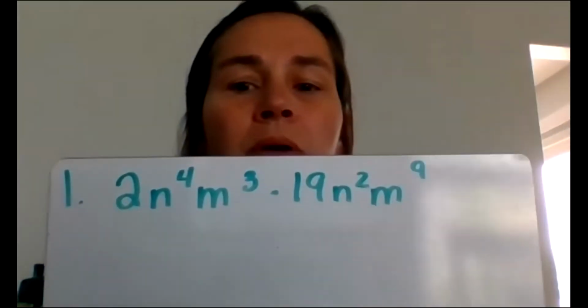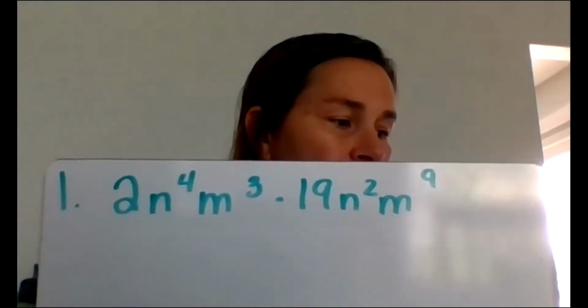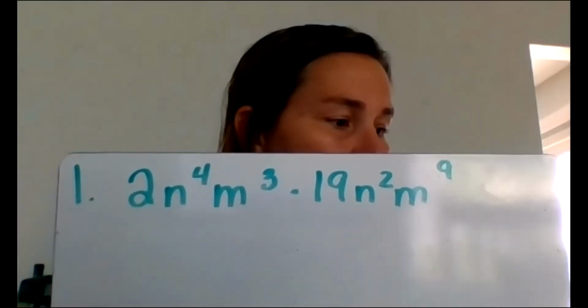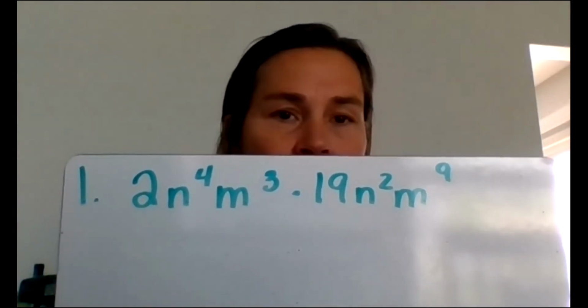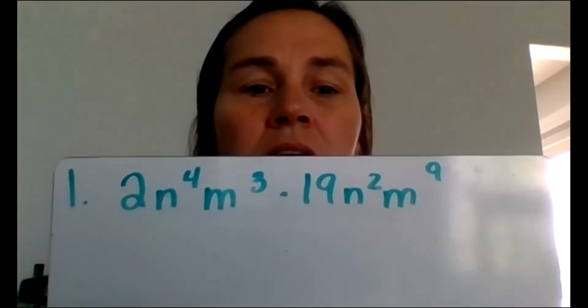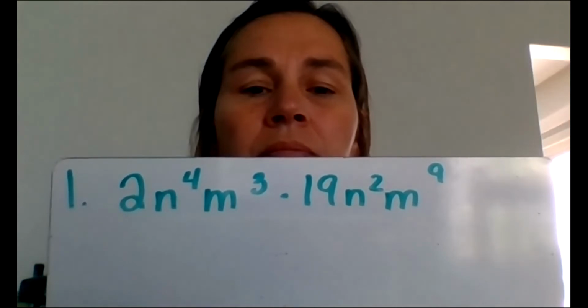So here's the first problem. It is, and I'm just reading off my sheet, 2n to the 4th, m to the 3rd, times 19, n to the 2nd, m to the 9th. So this is the original problem here.